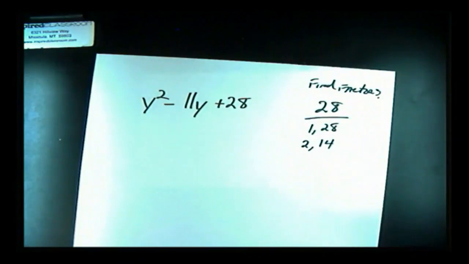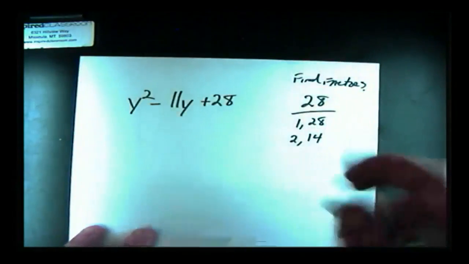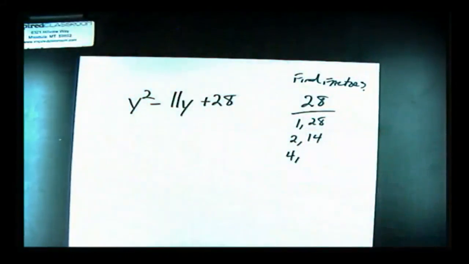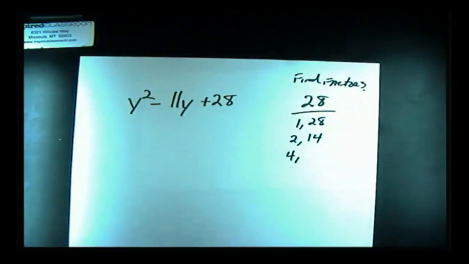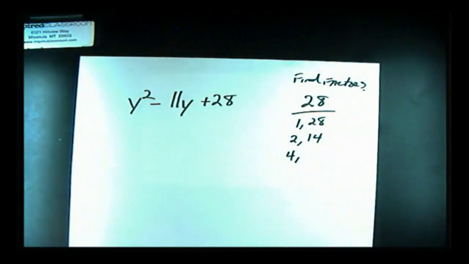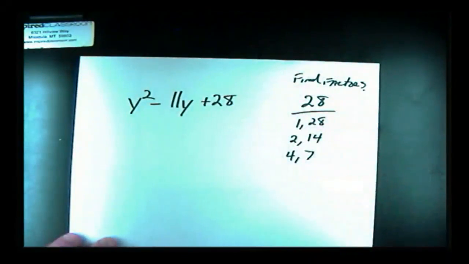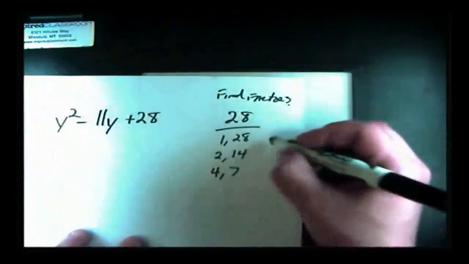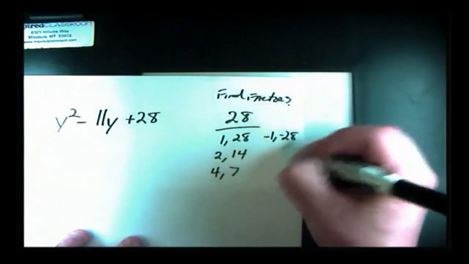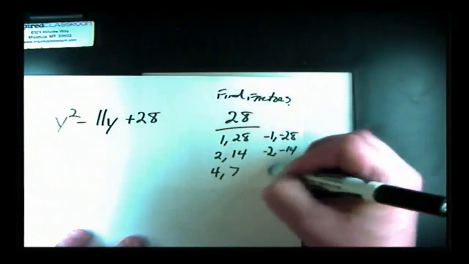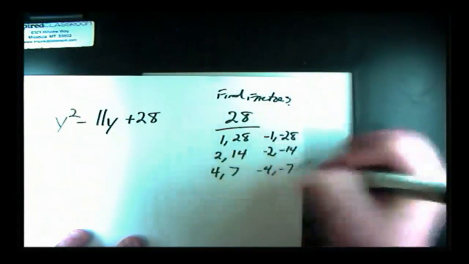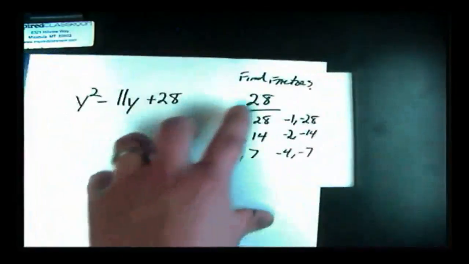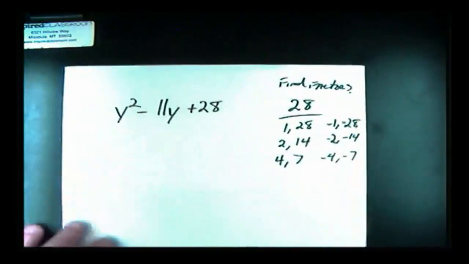No. 4. 7. 5 no, 6 no, back to 7. So we also have the negatives of all these. -1 and -28, -2 and -14, -4 and -7. Now, which of these 6 factors add up to -11?